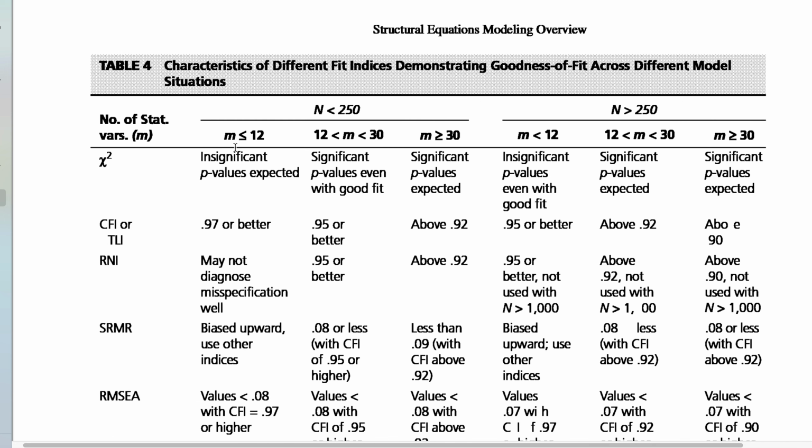Here is m less than 12, 12 less than m less than 30, and m greater than 30. So χ²: significant p values are to be expected, significant p values even with good fit, significant p values expected.